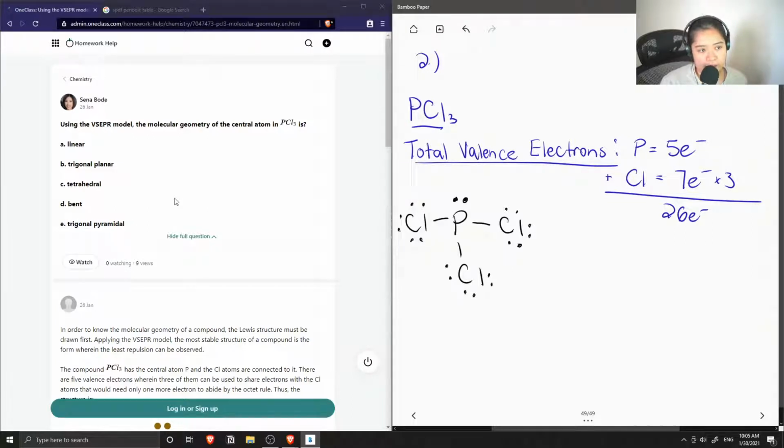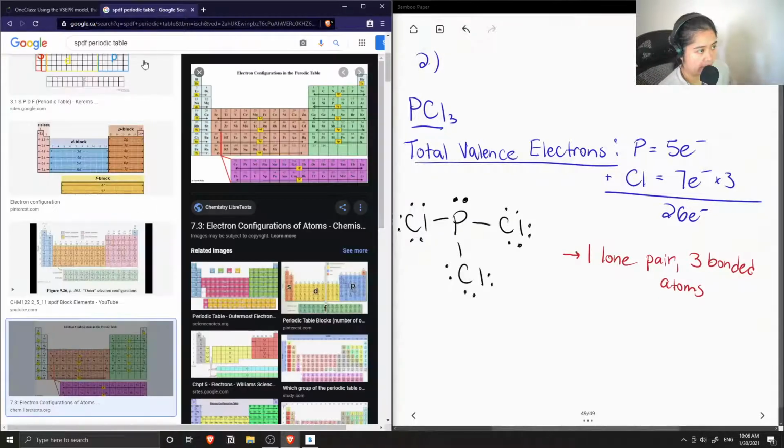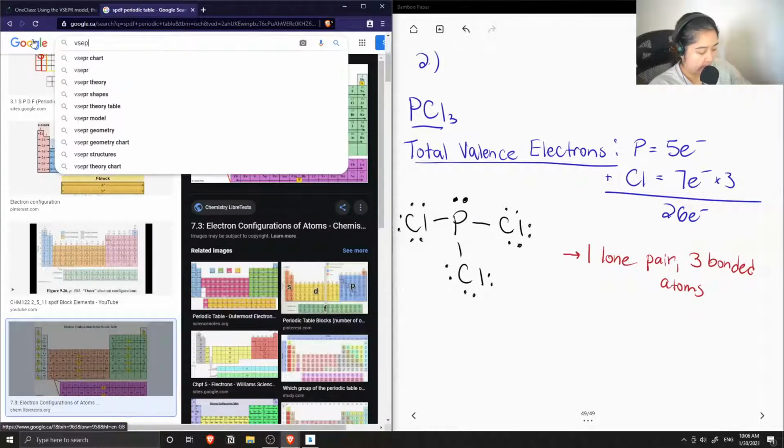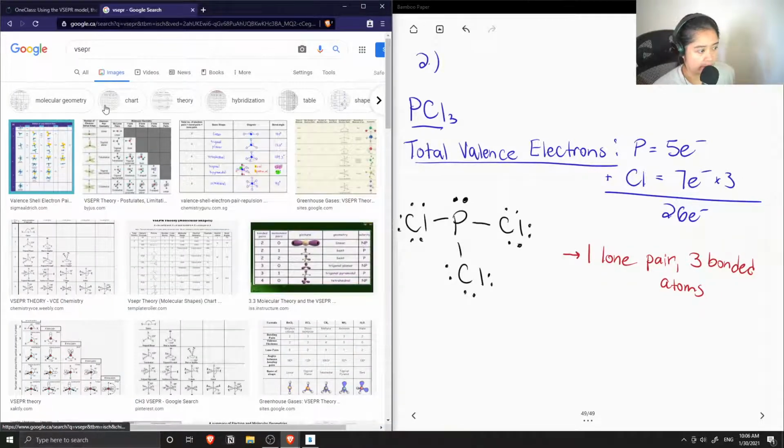So now I have the Lewis structure for phosphorus trichloride, and I need to find out its molecular geometry. If we analyze the central atom, we'll see that the phosphorus contains one lone pair, and it has 3 bonded atoms. If I use a VSEPR table, I can find out its molecular shape.